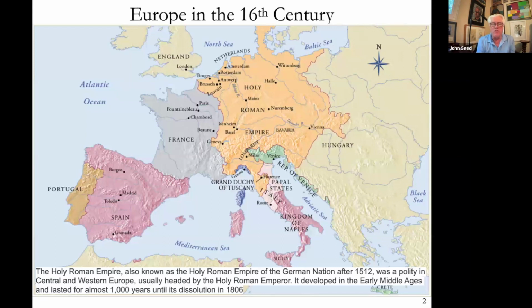Starting with a little bit of geography, I like to just make large points, not small points. As you look at the map and at that central ochre area, I want to remind you that in the period we're talking about, what we would now call Holland and parts of Switzerland, Austria, and Germany were all included in a religious and political grouping that we call the Holy Roman Empire of the German nation.